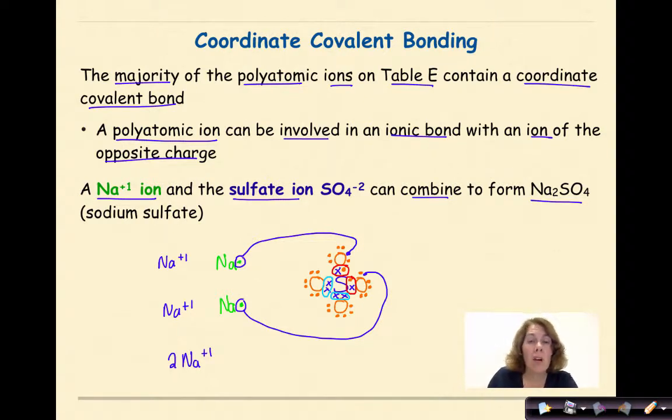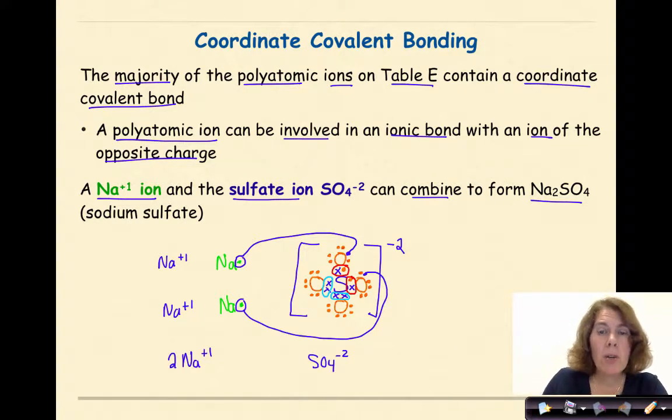As a result of this sulfate monstrosity gaining those 2 electrons, now each oxygen has its full octet, whether it has a coordinate covalent bond or a regular old covalent bond. And now this molecule has an overall charge of, you guessed it, minus 2. So now I have SO4 minus 2.